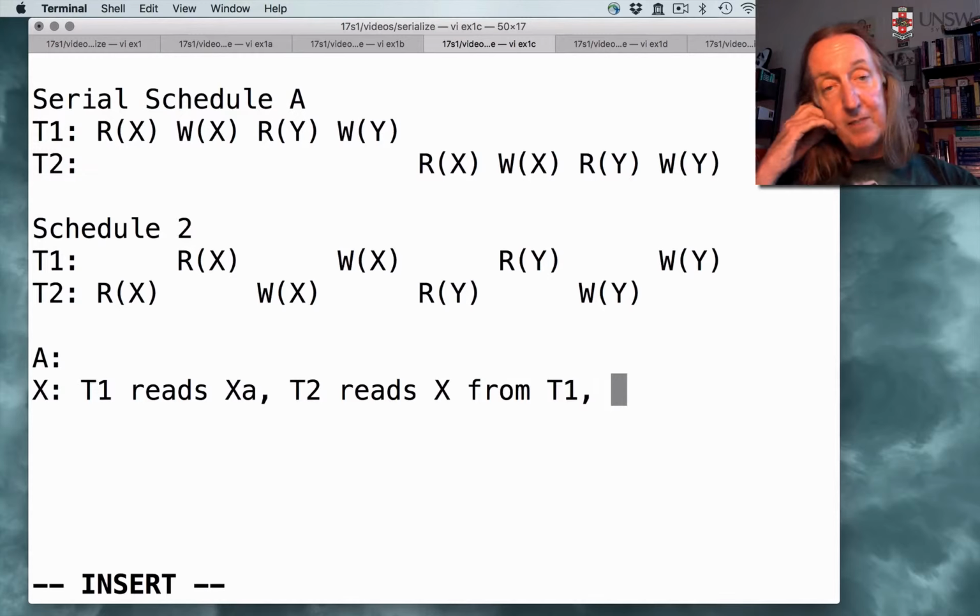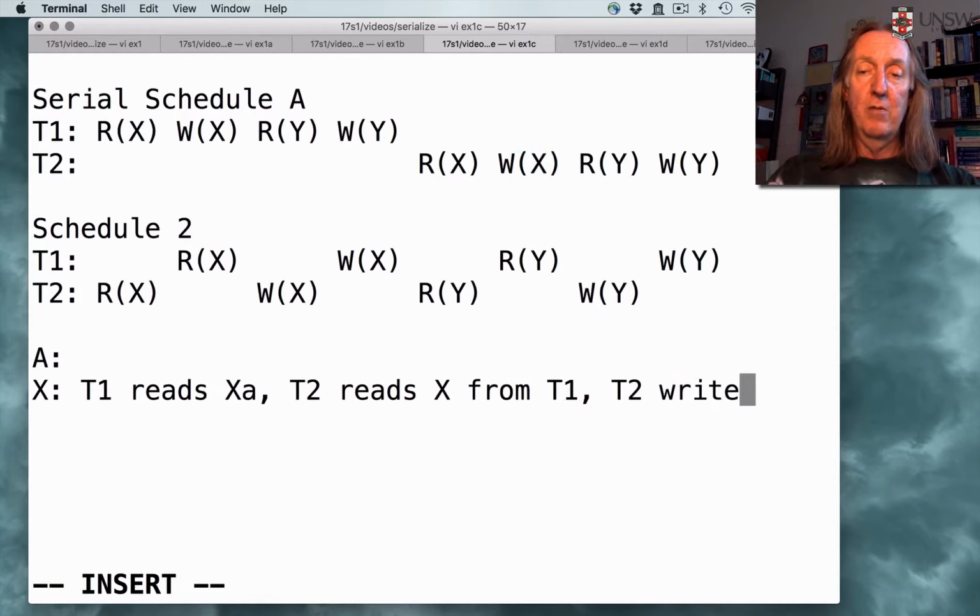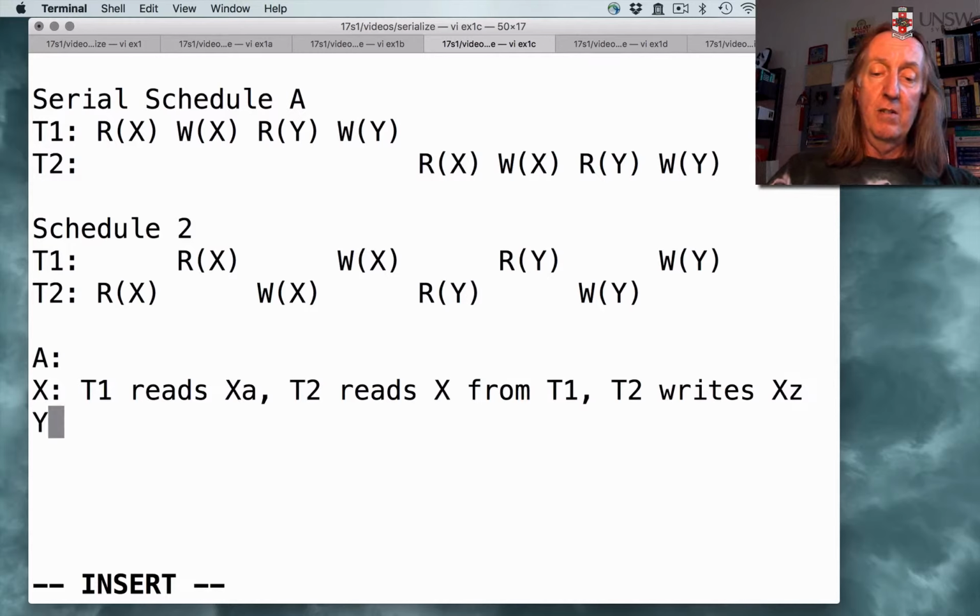And finally, who writes the last value of X? Well, it's this right here, and that's done by T2. So T2 writes the final value of X. Right, what about Y? This should be pretty obvious from before, because clearly serial schedule A does everything in T1 before T2.